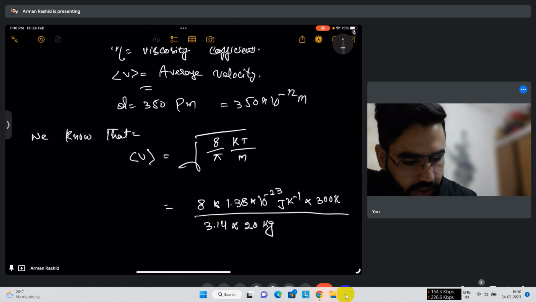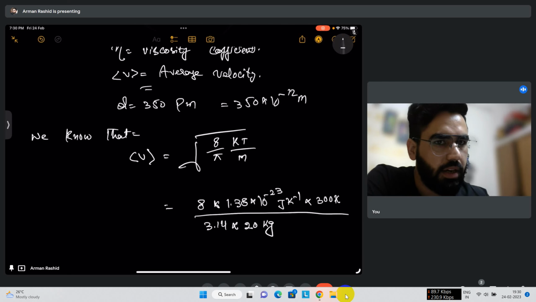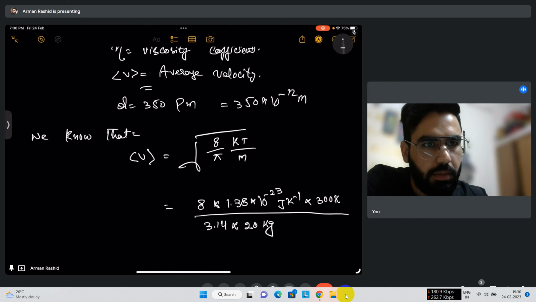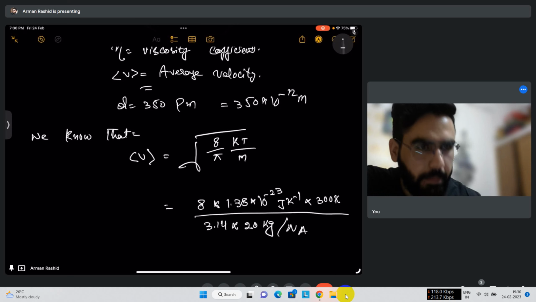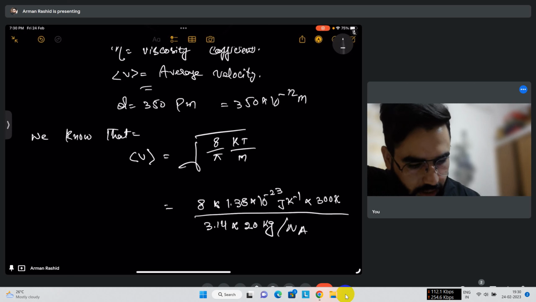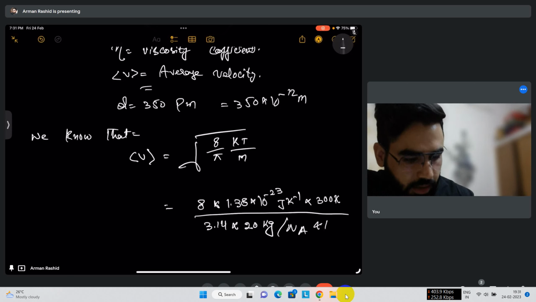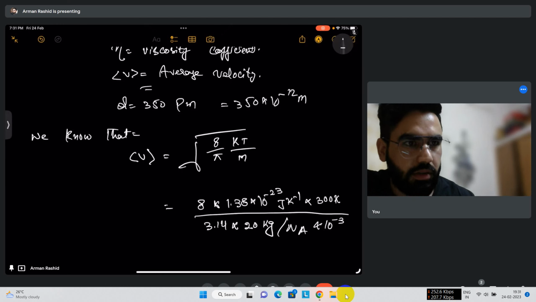Since we are considering the molecular mass, not the molar mass, we have to divide it by Avogadro's number, Na, and since it is 20 grams, we have to multiply it by 10 to the power minus 3.